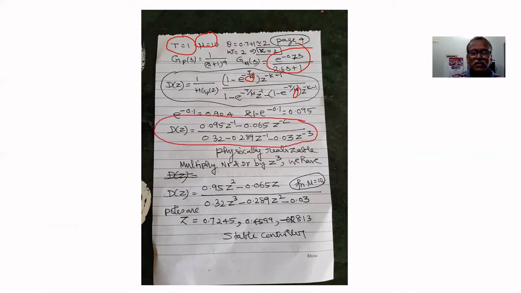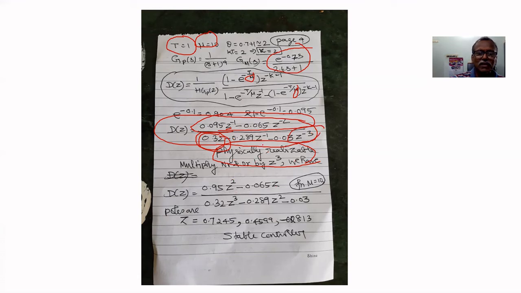Here also we have to check that it is physically realizable. That's why the denominator must contain a constant term, all others must be negative powers. When it has a constant term, the numerator doesn't have any positive powers. Therefore, it is physically realizable. The lowest power is z power minus 3.